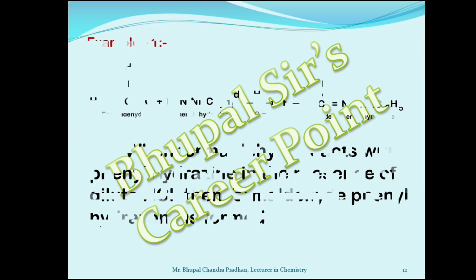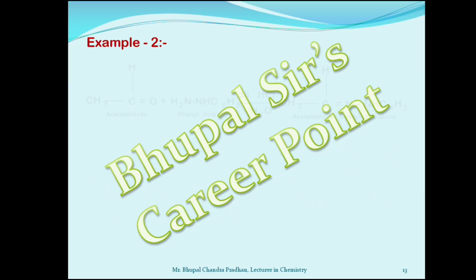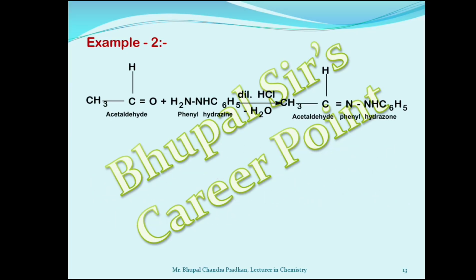Now let us come to example 2. We'll take CH3 and the non-bonded bond of the carbonyl group carbon, so the compound is acetaldehyde. When acetaldehyde reacts with phenyl hydrazine in the presence of dilute HCl, a water molecule will be eliminated. How?